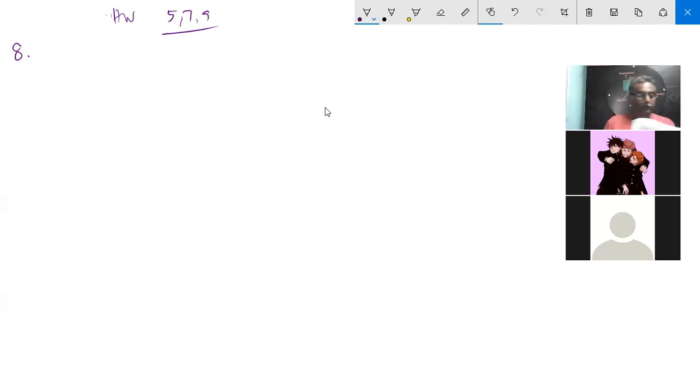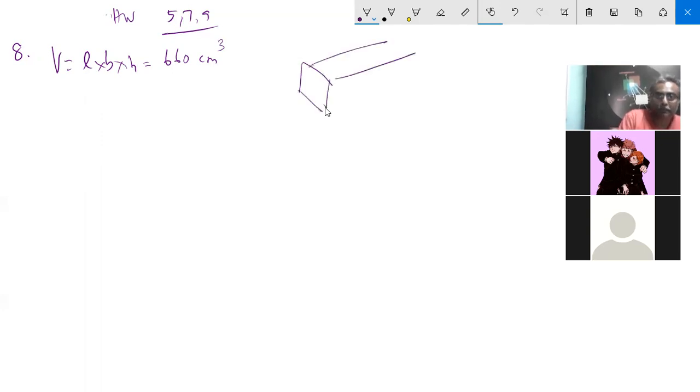Let us do the 8th sum. The volume of a cuboid, volume is equal to L into B into H, is 660 centimeter cube. So base will be what? L into B will be the base. He's telling the base is 33.